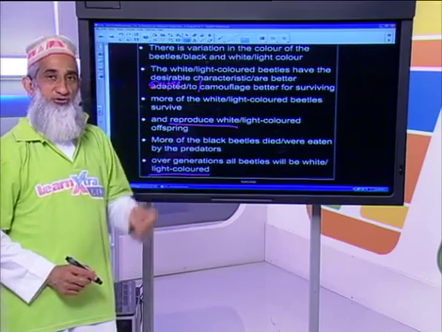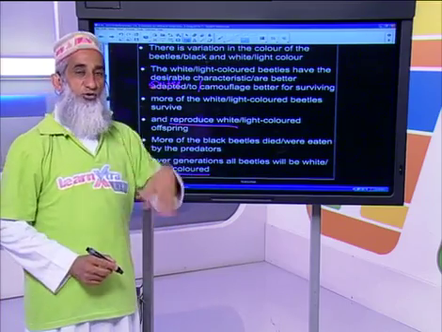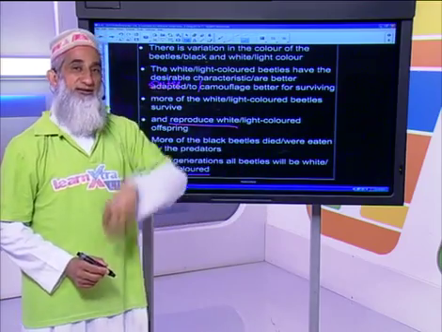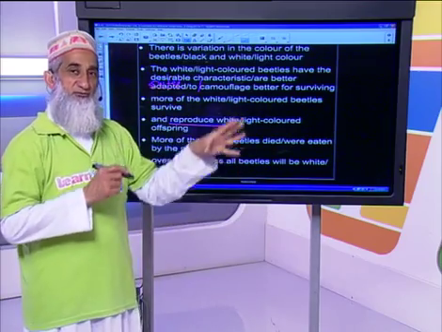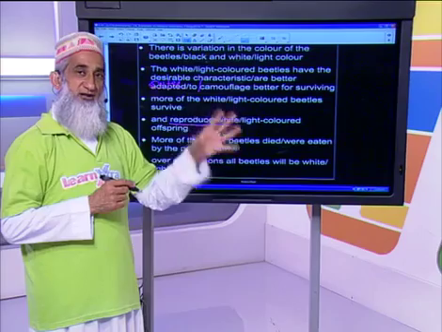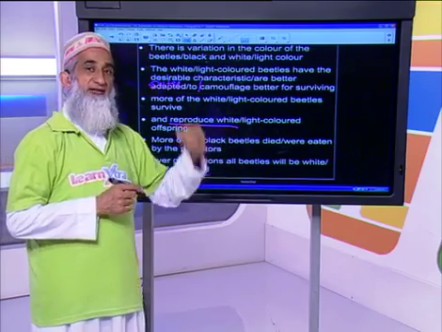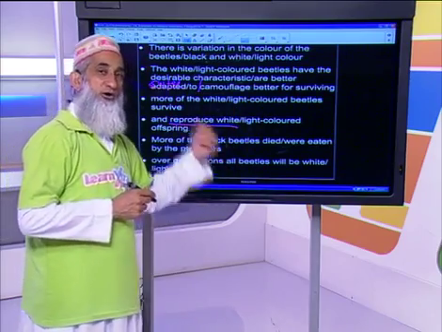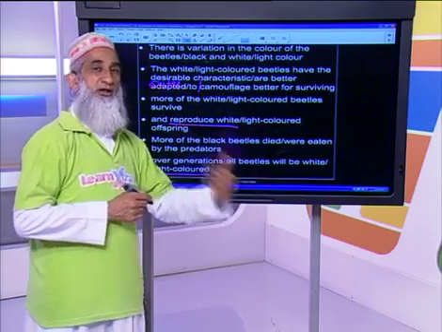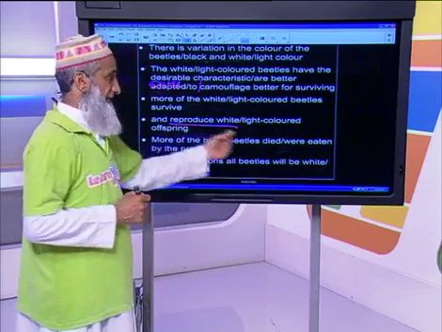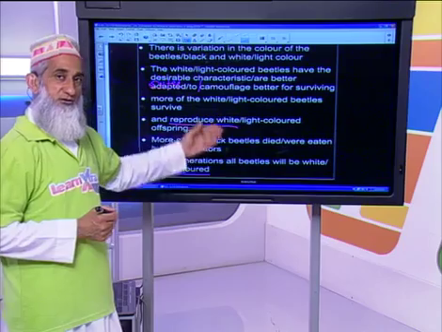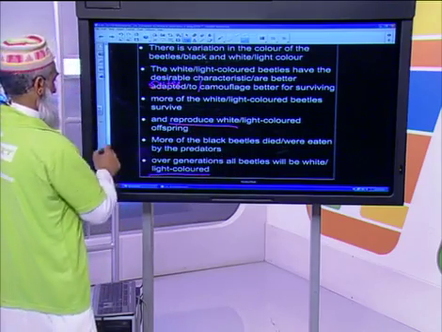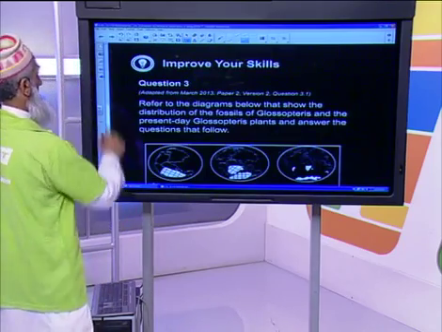Should they have told you that the color was different, then you had to bring that in to say that the environment favored this, and therefore the population moved in this direction, as we have shown here.